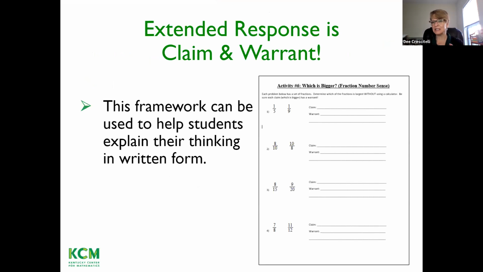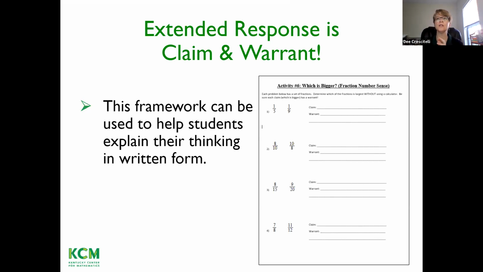At its basics, extended response is a claim and warrant situation, right? If you spend good time with students, having them say, this is what I think, and this is why I think it, they're better prepared for extended response questions in every subject, but that particularly matters for us in mathematics, right?